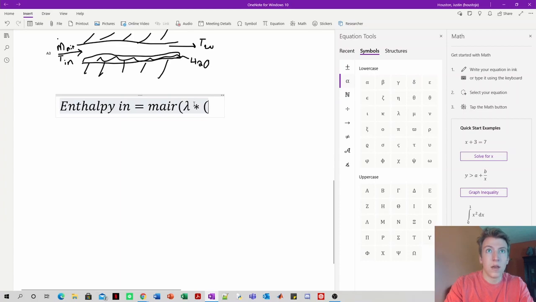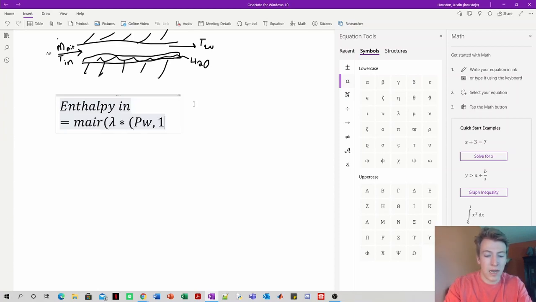times the partial pressure of water, 1, times the molecular weight of water. That's going to be all over RT.